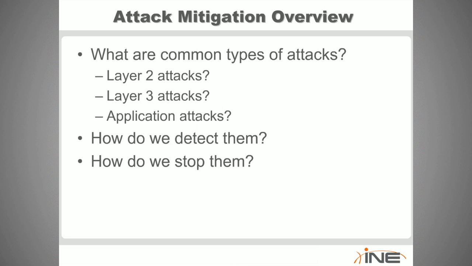Now, as you can imagine, in the world of network security, there are tons of different vulnerabilities and tons of different attacks that we could be talking about. We could do a full week or even multiple weeks talking about just different network attacks and application attacks and how to mitigate them.